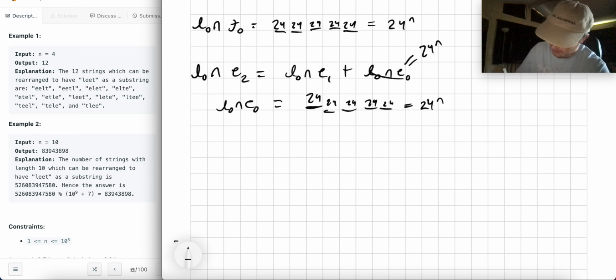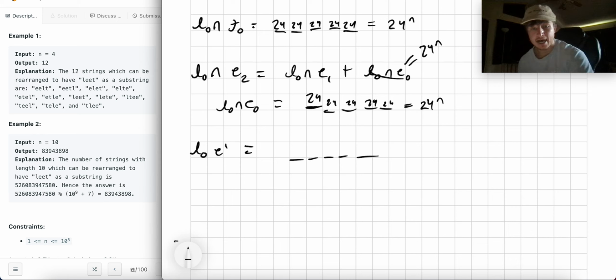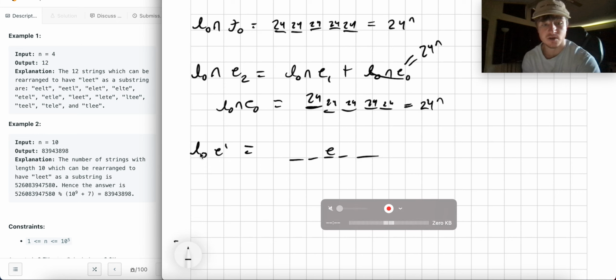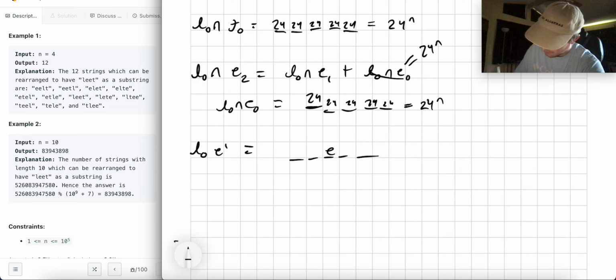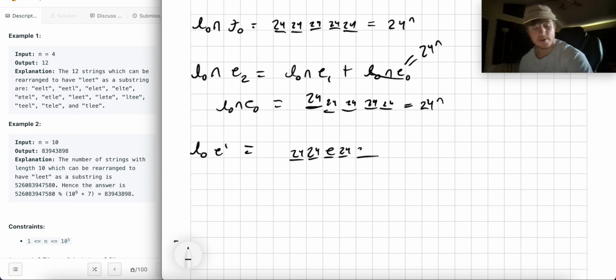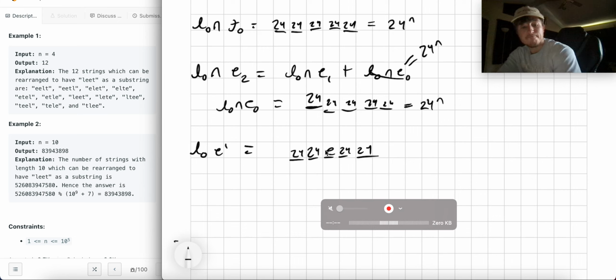What about L0 and E to the 1? So remember before when we did this with 5, right? I can put E in any spot, and then before I could put 25 things in the other spots. But now that I can have 0 L's as well, that means there's 24 things that I can put in each slot. Because I can put E in one slot, and there can be no more E's. So in here there can be no E, so that's 25, and now also no L, so that means 24.